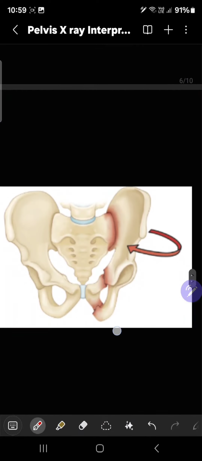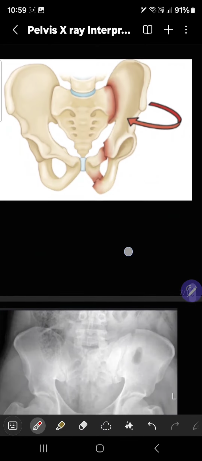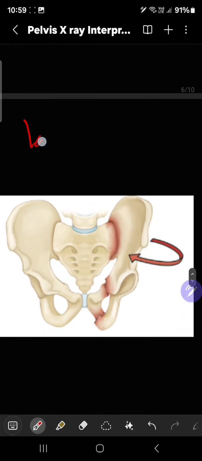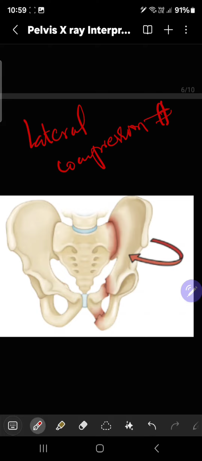And the next one is lateral compression fracture. This is called lateral compression fracture, where the force is exerted laterally from this side. What happens when the force is exerted laterally?